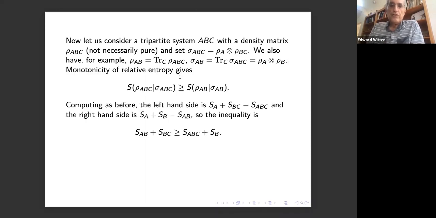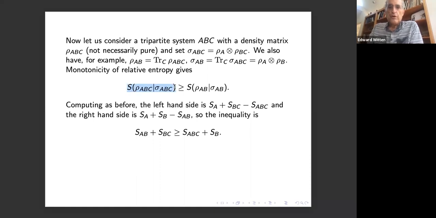So monotonicity of relative entropy under partial trace tells us that if we trace out the C system, the relative entropy becomes smaller. But exactly as in the last discussion, these relative entropies are mutual informations.